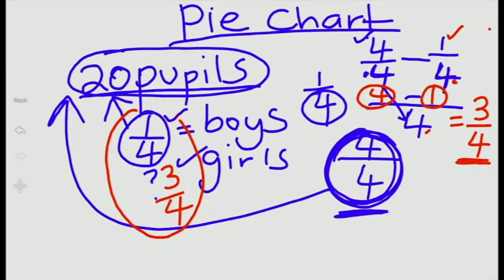We need to be in a position to ask all those questions. Because if we don't have the fractions to start with, we won't be in a position to calculate the sector sizes representing the boys and the girls. Remember, we need those sector sizes to draw our pie chart. We cannot draw the pie chart without knowing the sector sizes.